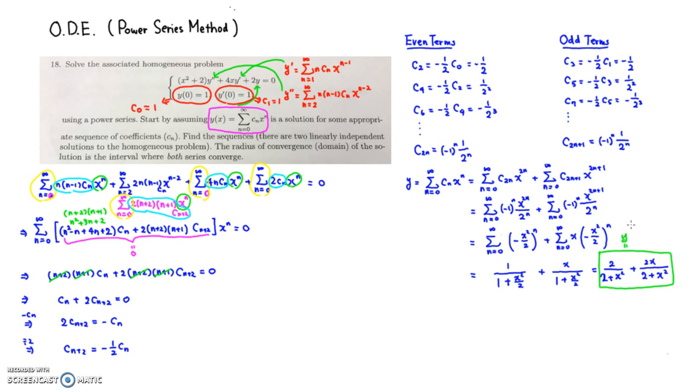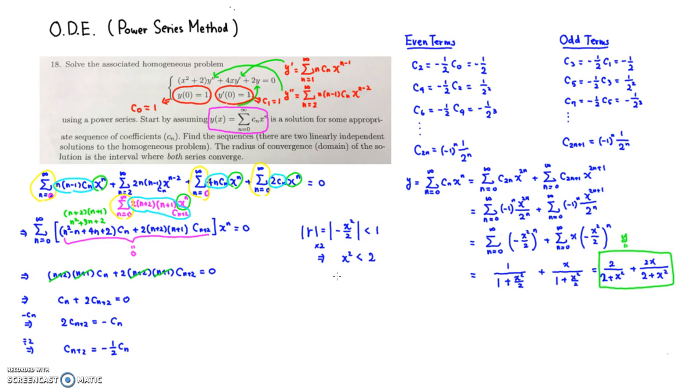And radius of convergence. Since we have to make sure that the absolute value of r is less than 1, just like a geometric series, and for both of them, the r value is really just negative x squared over 2, we have to make sure that this is less than 1 to get the convergence. To find the radius of convergence, I'm going to multiply both sides by 2, so x squared has to be less than 2.